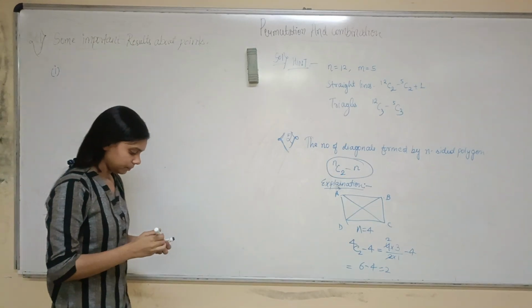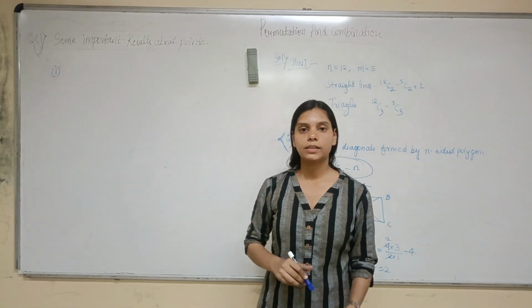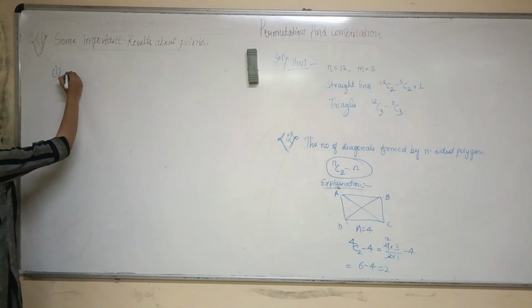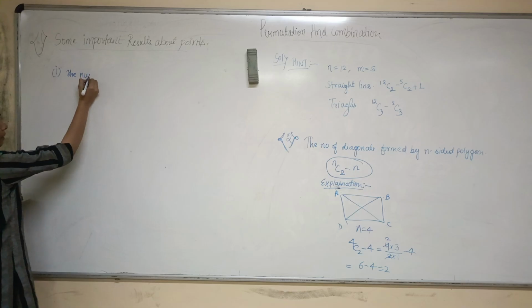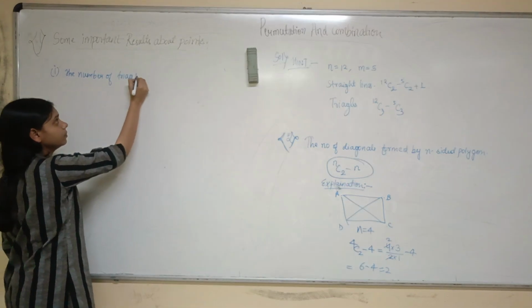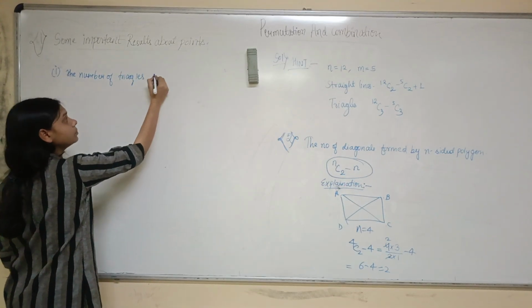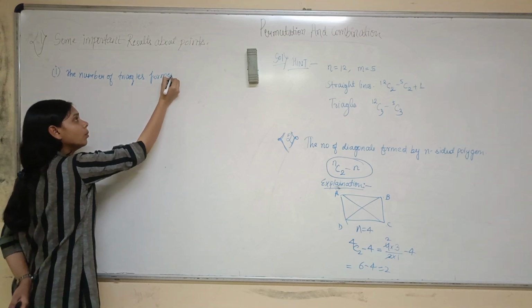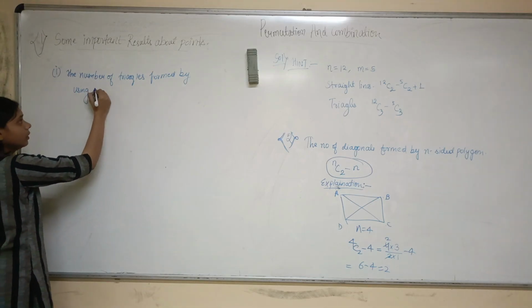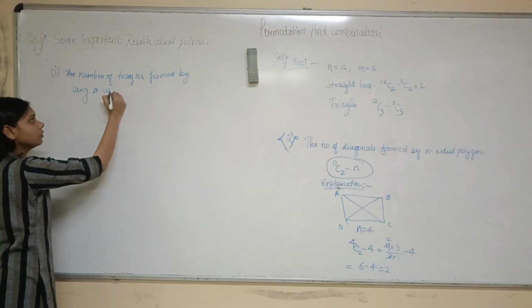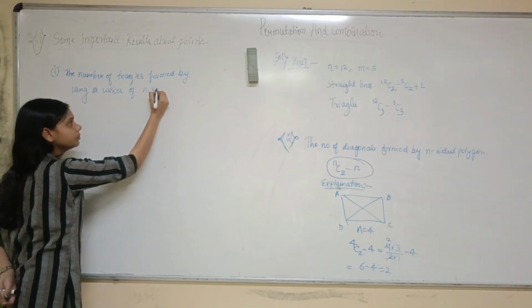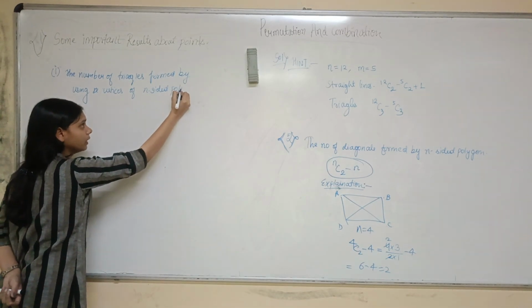Write down the number of triangles formed by using n vertices of an n-sided polygon.